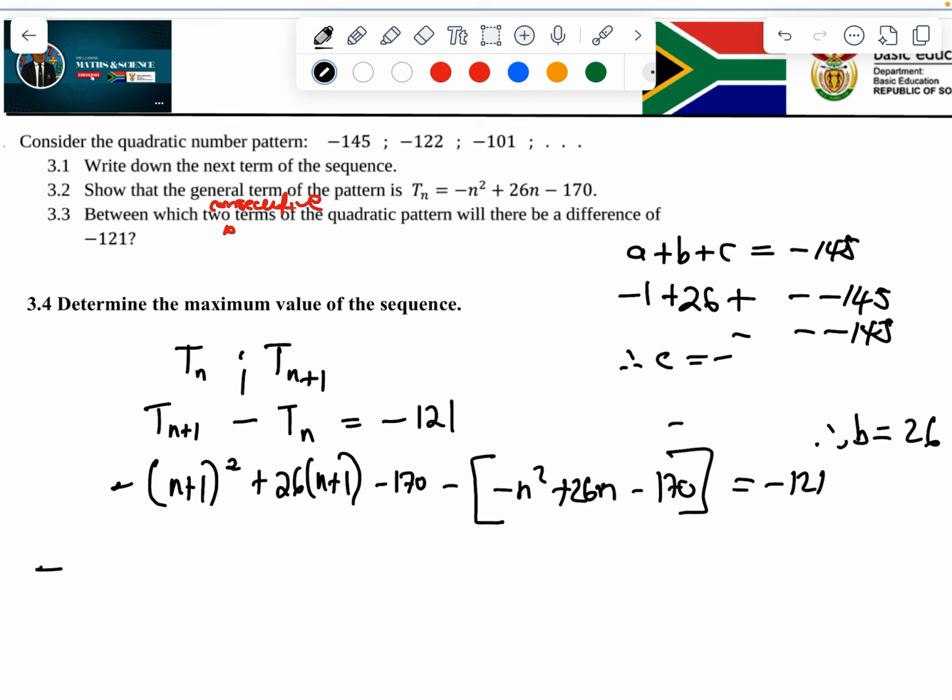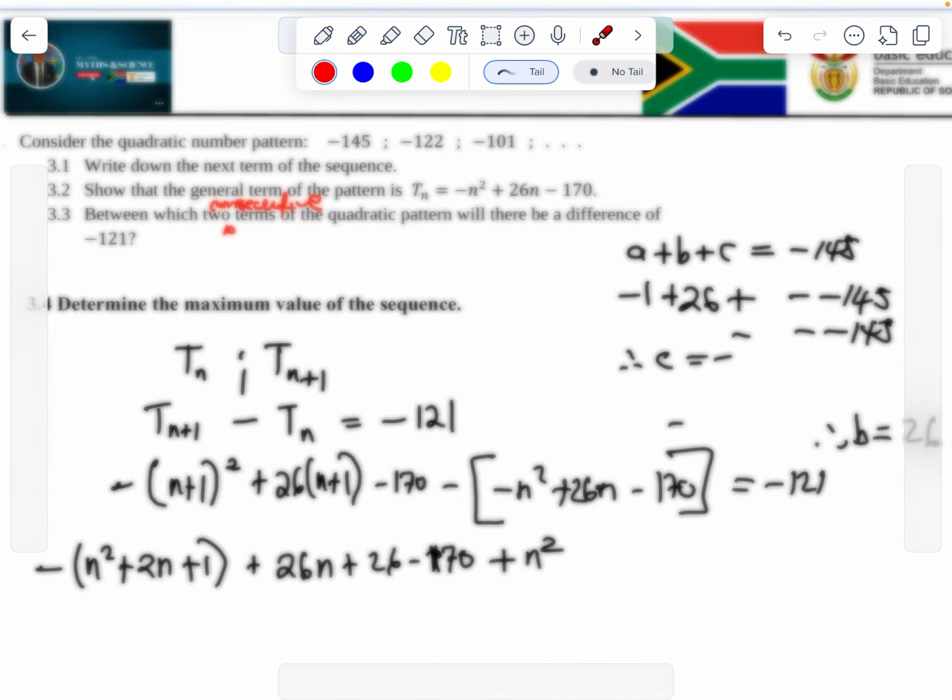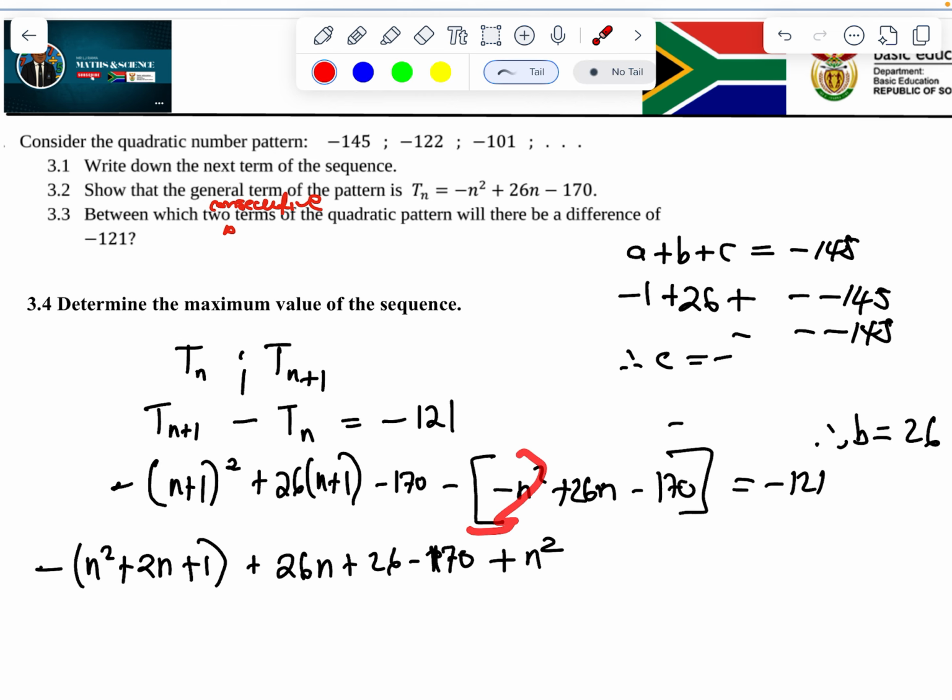Then we will have minus into, now I'm foiling, so it's going to be n squared plus 2n plus 1 plus 26n plus 26 minus 170, and then plus n squared. Now I'm trying to distribute this negative inside. So plus n squared minus 26n, and then plus 170, and that is equal to negative 121.